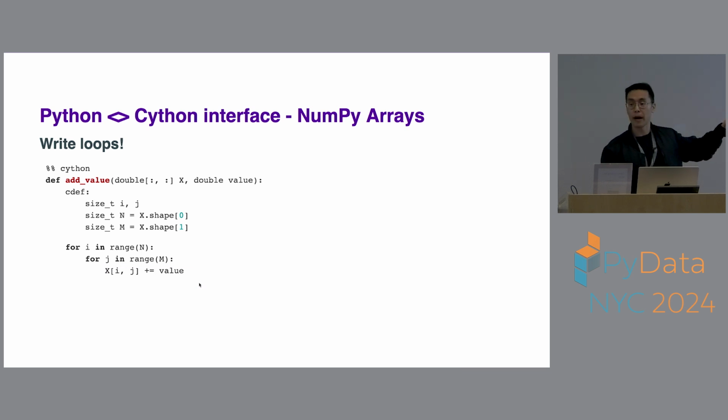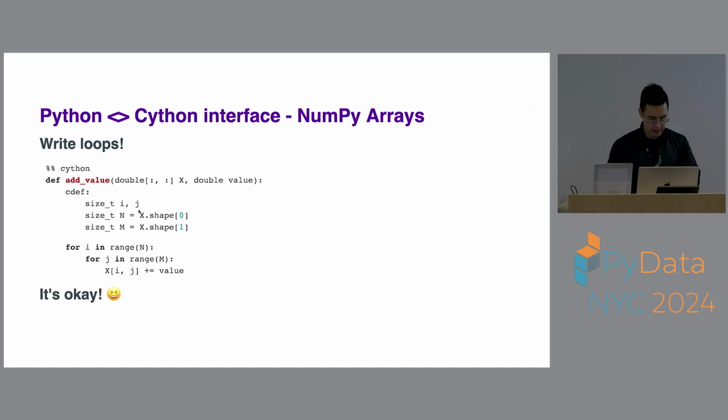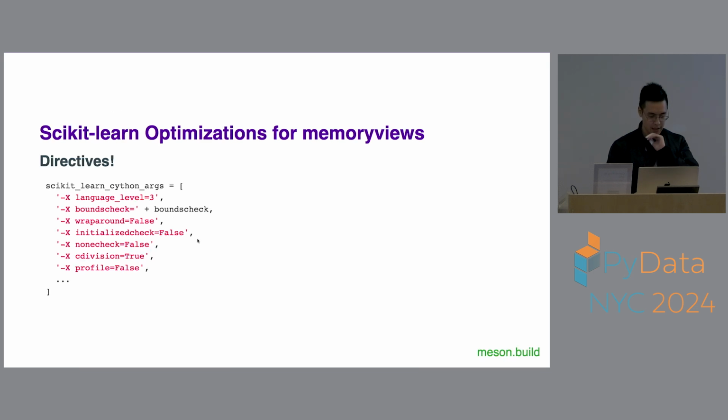This looks very Python-like, so that's why it's very approachable. You can write Python-like things and get the performance that you want. You also see there are APIs like .shape to get how big this array is, so you can index into it.